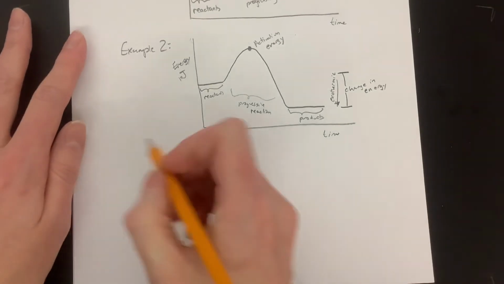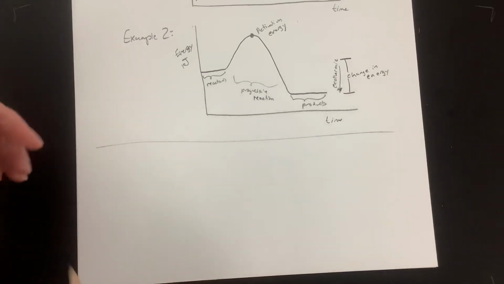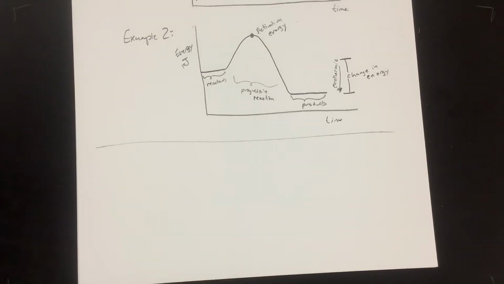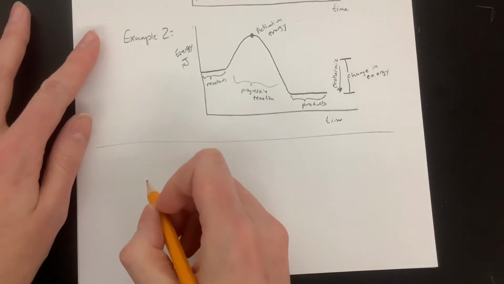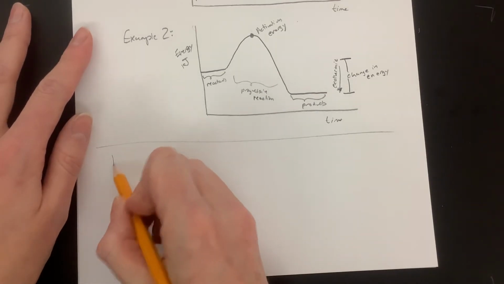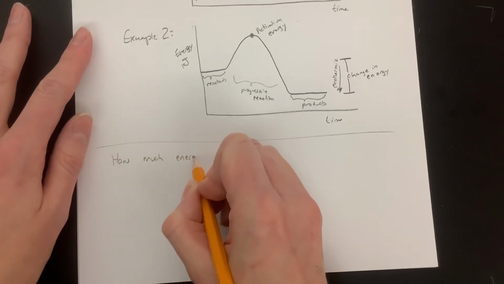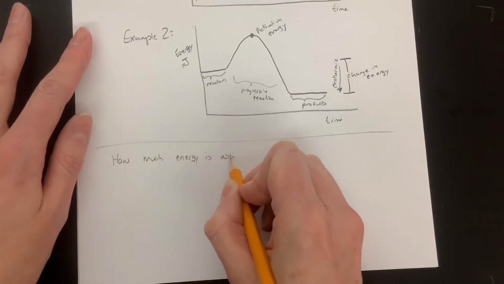So, some problems that you might see regarding the reaction coordinate diagram is that you might be asked how much the energy changes, how much energy is absorbed or released. Well, let's do an example. How much energy is absorbed?